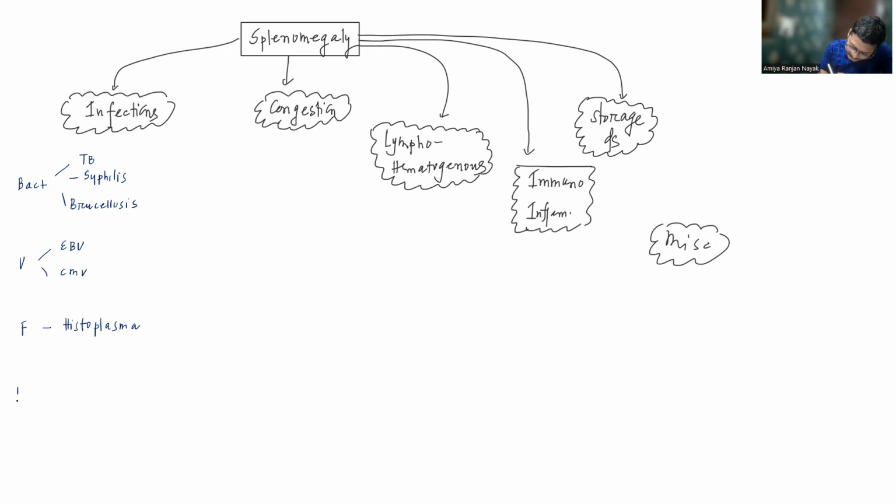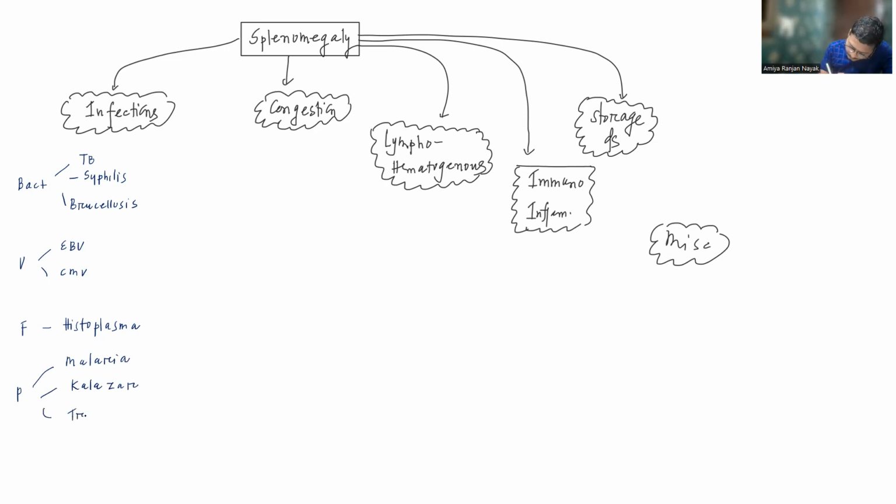And among the parasites, there are various examples. Important ones are malaria, Kala-Azar caused by Leishmania donovani, otherwise known as leishmaniasis.